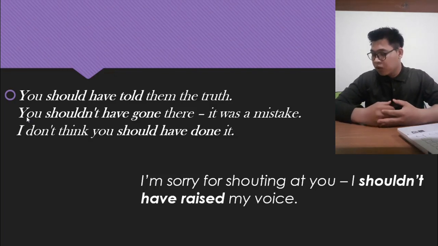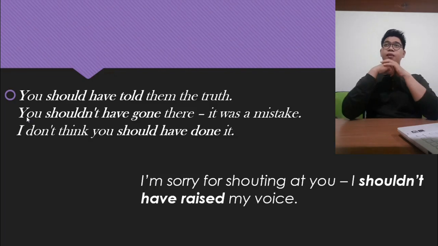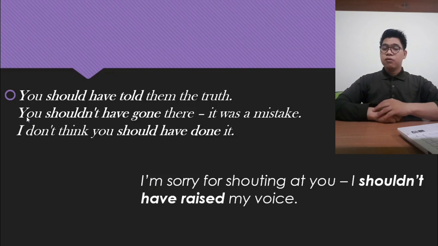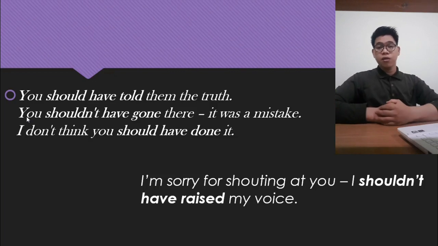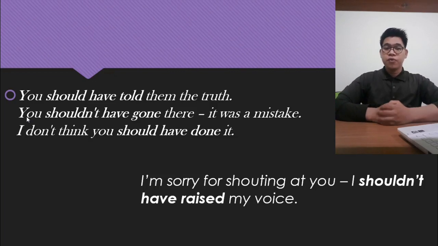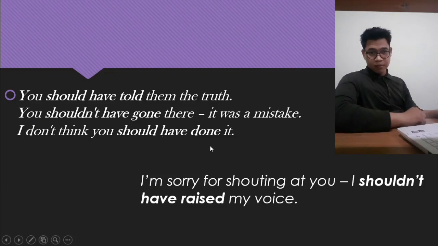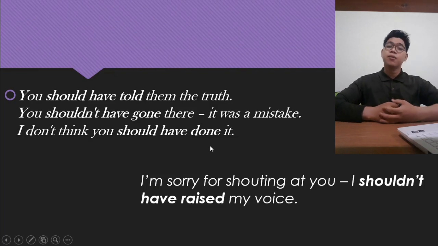For example, if you were stealing money last week, or if you broke the table, the mirror, the house, if you lost the money, and then your friend, maybe your father, your mother, would say this: I don't think you should have done it.